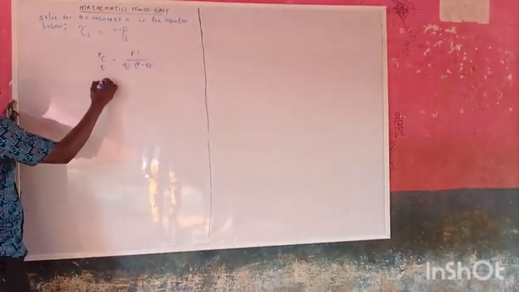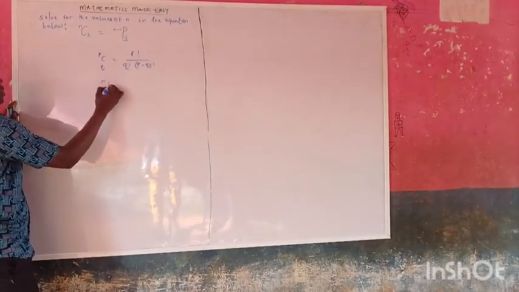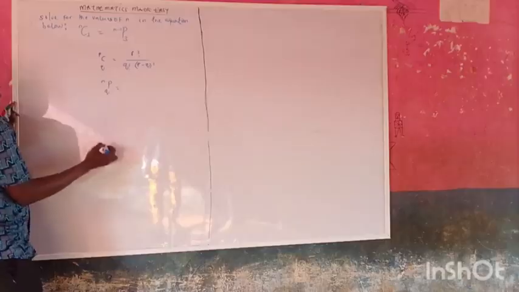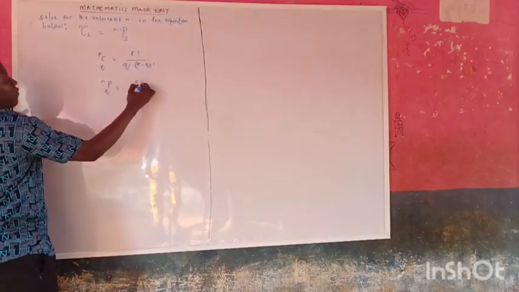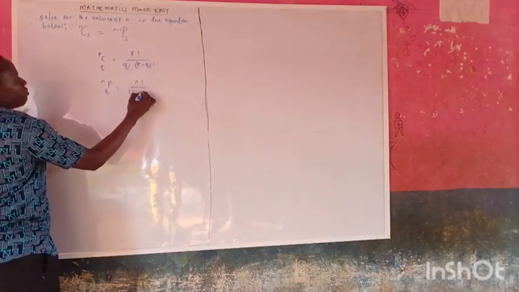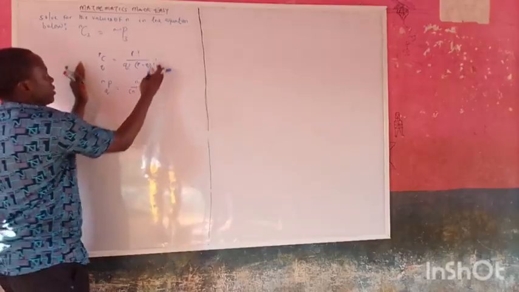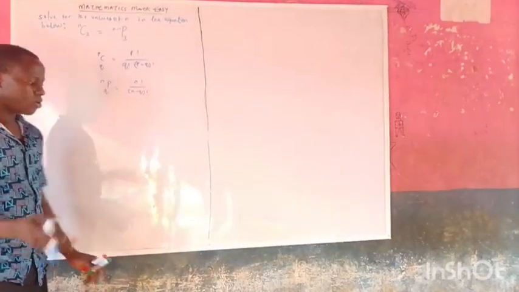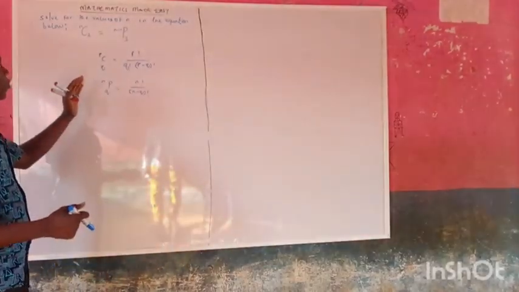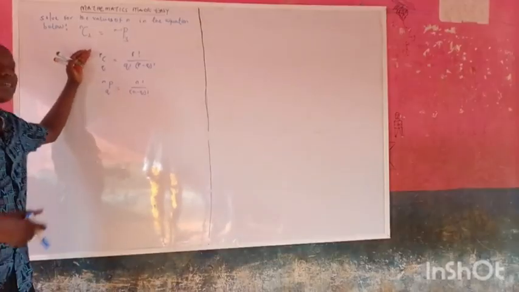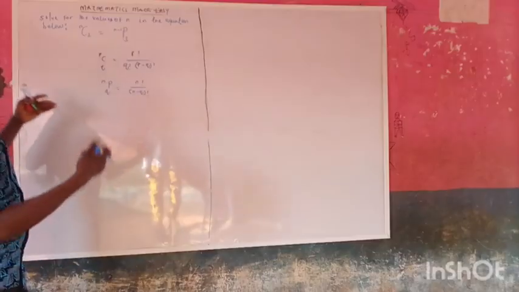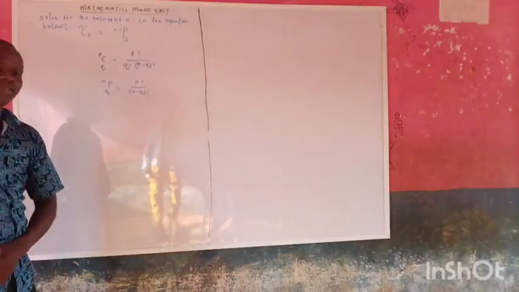If you have n permutation Q, this will give us n factorial over n minus Q factorial. So this is your permutation and this is your combination. Since we know how to deal with combinations and permutations, this should be very easy to solve.